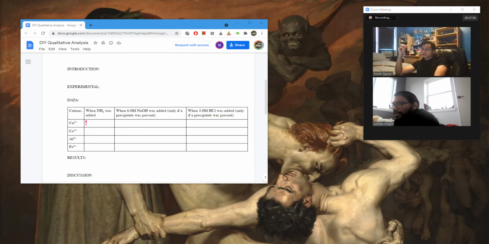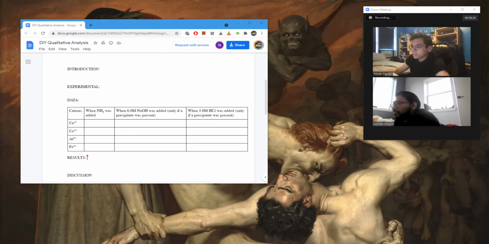What should happen, or what does? Okay, so. Oh no! For data, that's literally just what we've collected. So that little chart that we were talking about with the NH3 added and whatever. That would be included in data, and then some results. We would include what unknown we think we found, whatever it is. Like what it's asking over here.